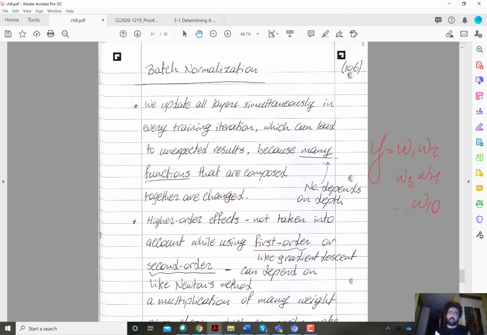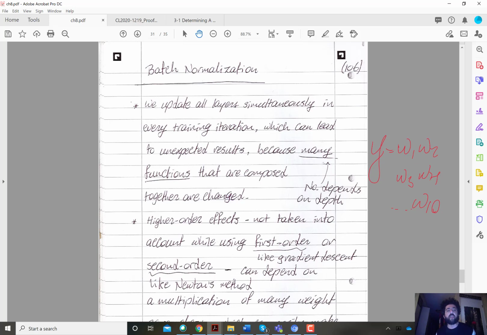w1 is the parameter in the first layer, w2 in the second layer, w3 in the third layer, and so on. When I compute the derivative of y with respect to w2, I get w1 times w3 times w4 up to w10, evaluated at the current values. If I compute the derivative of y with respect to w10, I get a multiplication of w2 up to w10, evaluated using their current values.